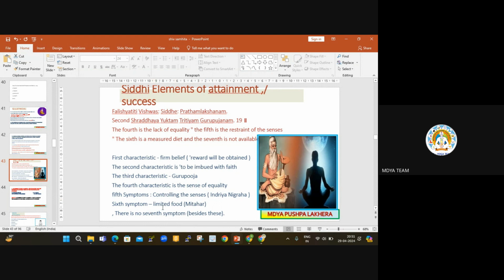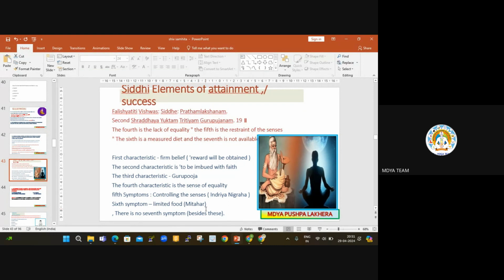And the sixth characteristic is moderate eating. Don't eat too much and don't eat too little. You have to maintain a limited or proper diet. As we know, that is called mitahara. But here the name is not mentioned.